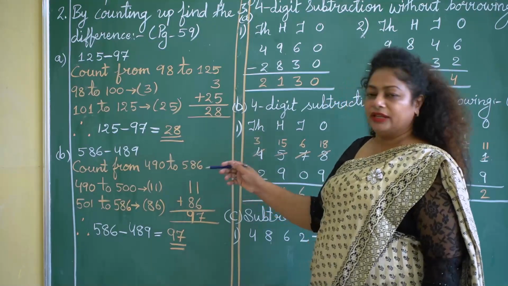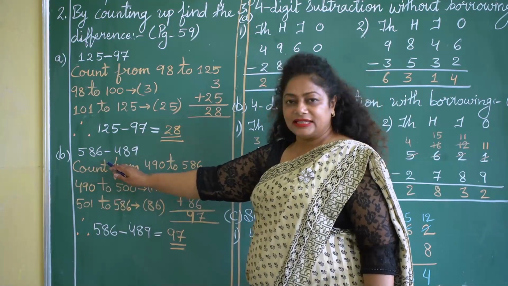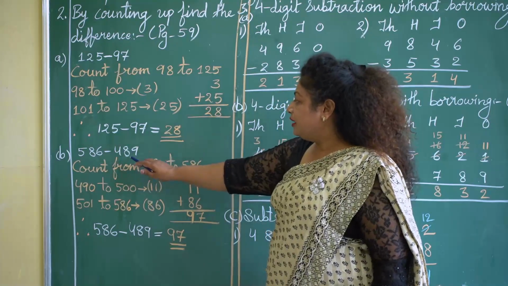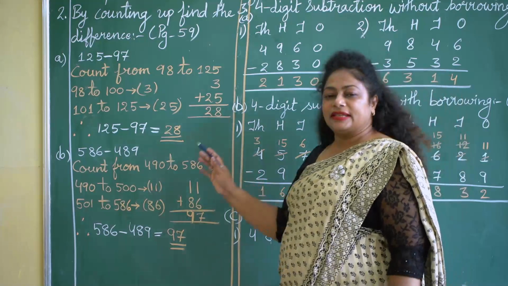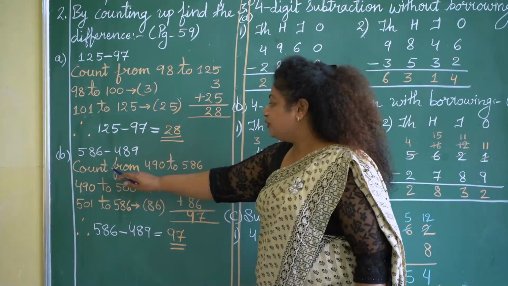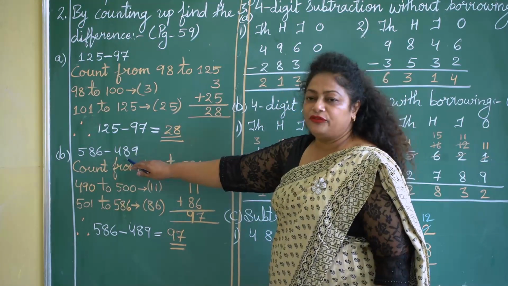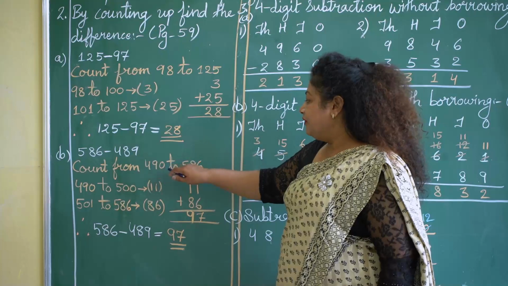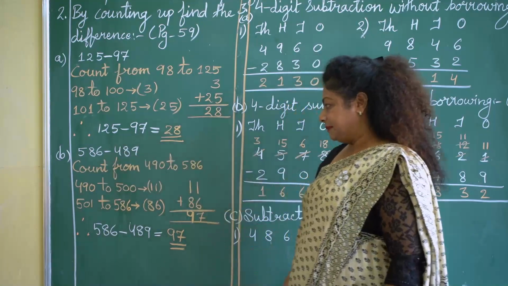Now let's come to the next sum. Next sum given to you is 586 minus 489. Now children, again we'll follow the same process as in the previous sum, that we have to count from 490, which is the next number after 489, and we have to count up to 586.